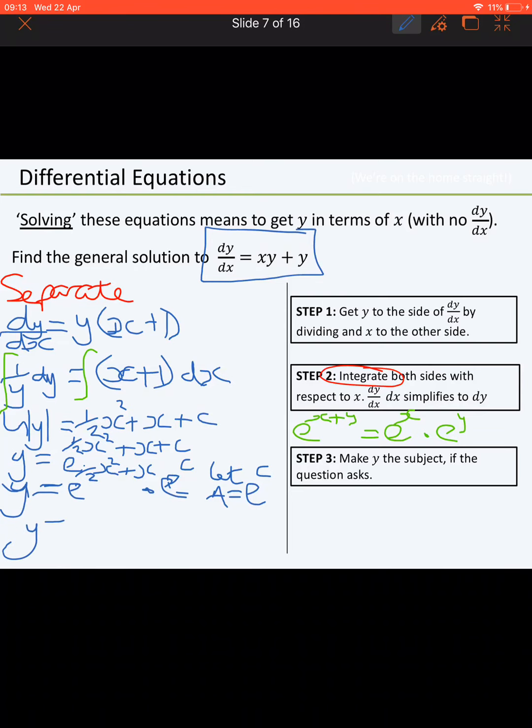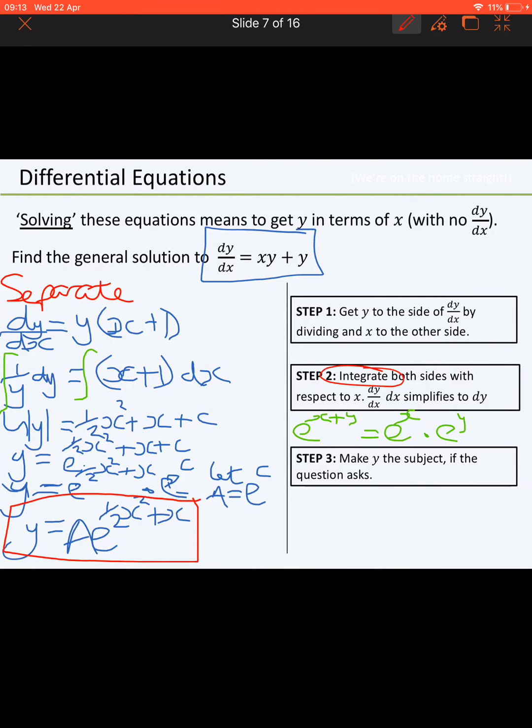We've let the e to the c be a, so we get a times e to the half x squared plus x. I'm going to put that in a little red box so you can see what my final answer is.